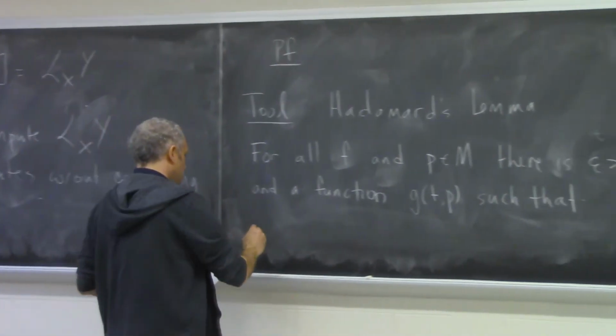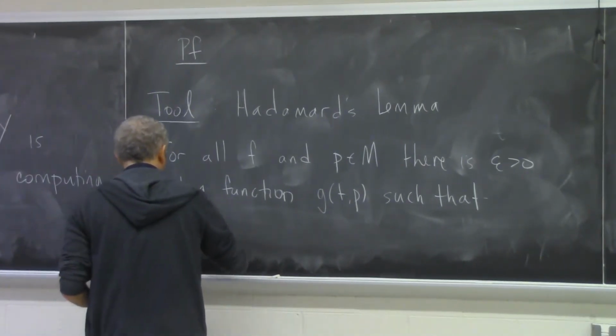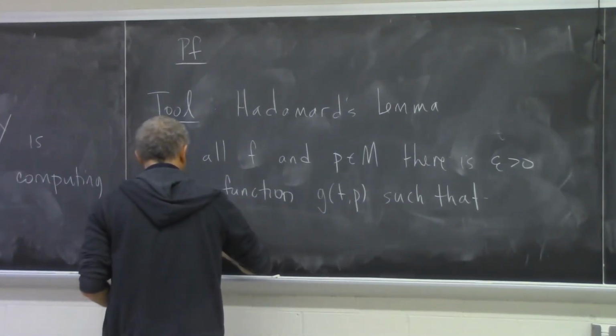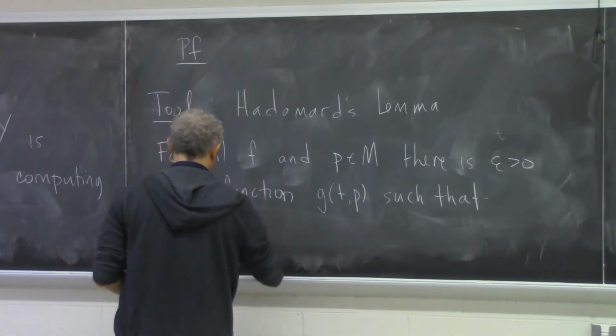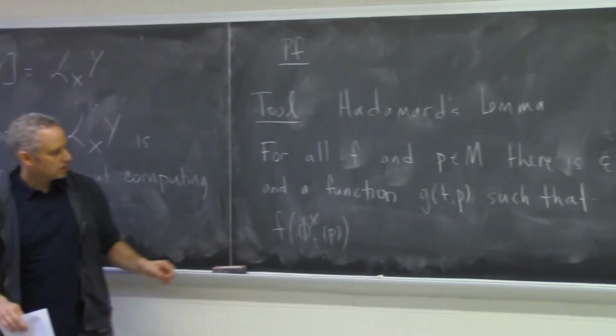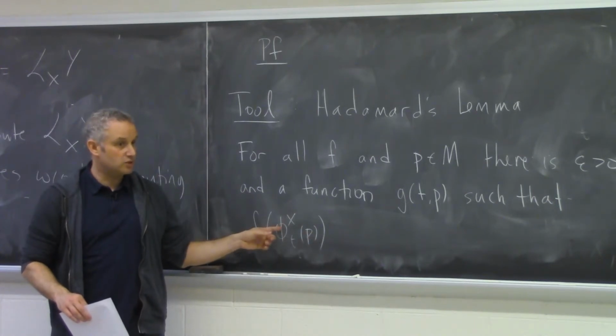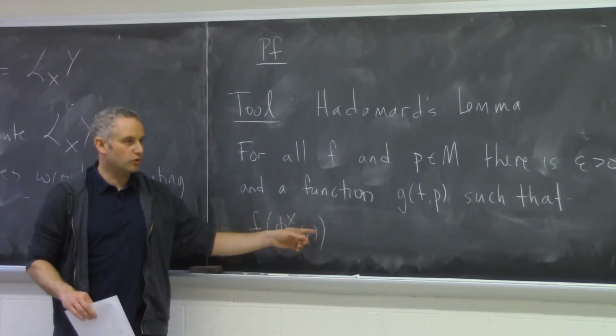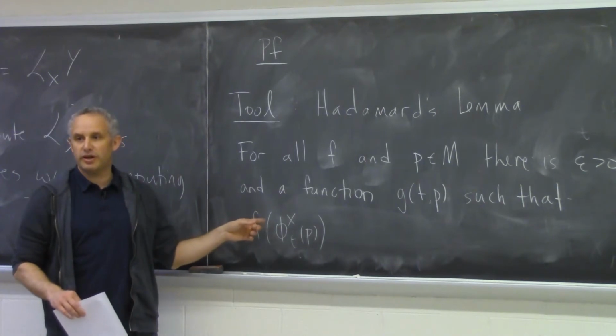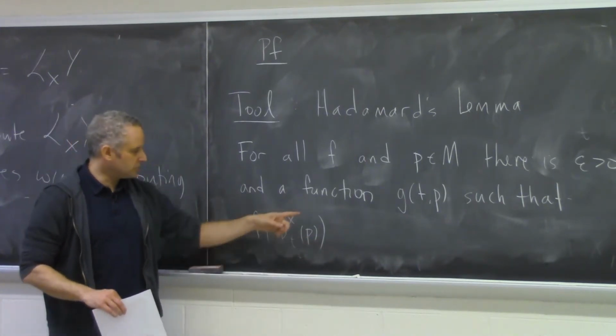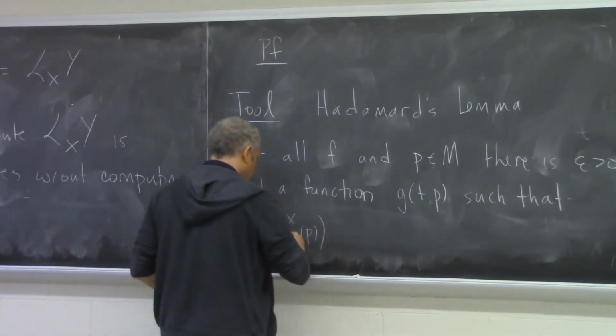Okay, here it is. So let's look at f evaluated at phi x t of p. So we have the flow of a vector field. It defines a curve through the point P, and we evaluate f along that curve. So in terms of objects, this whole thing is just a function of t.